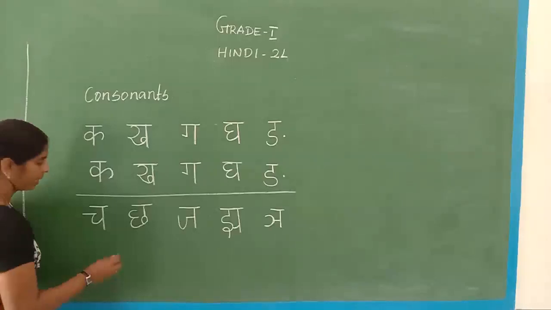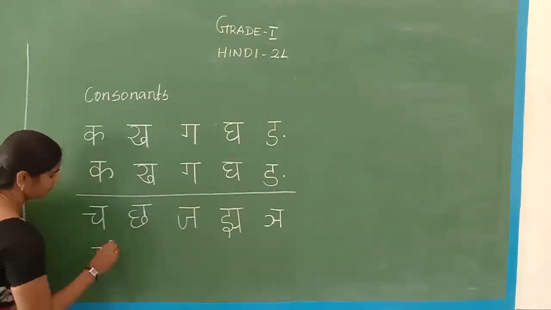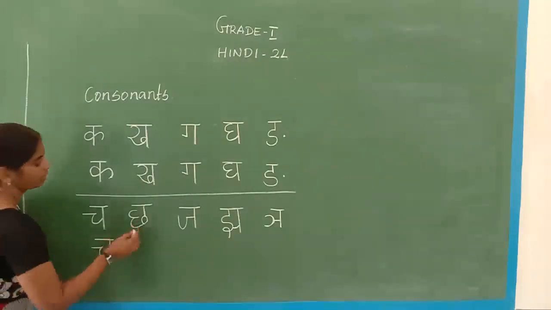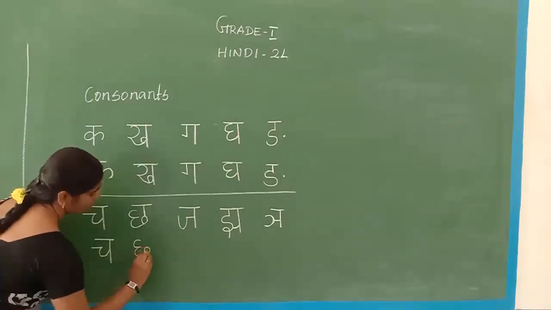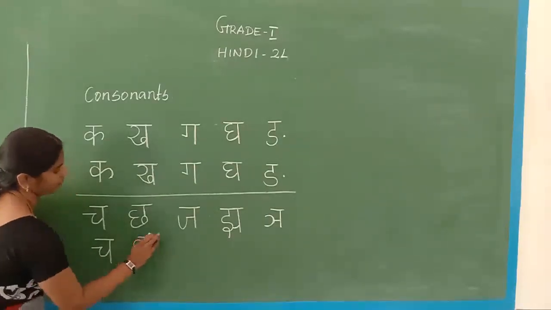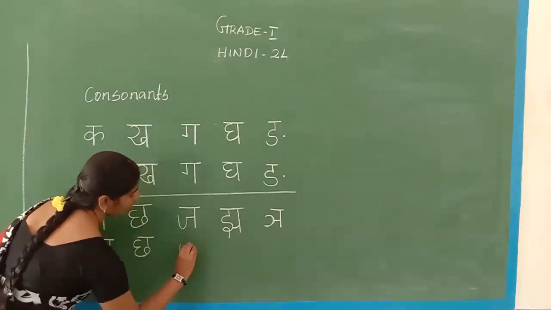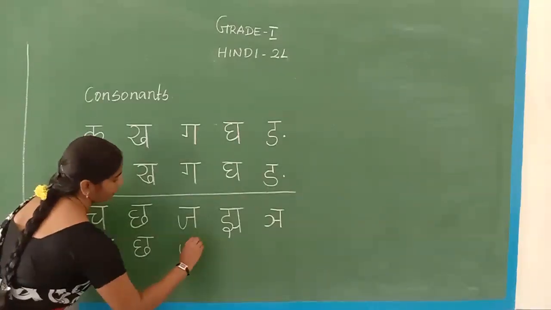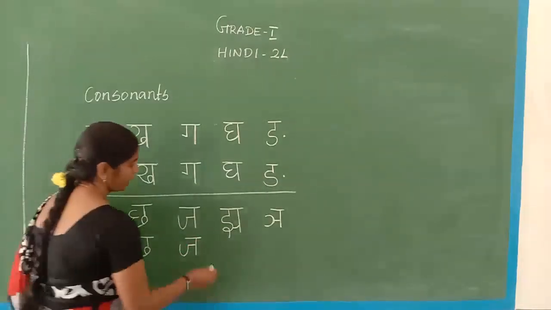Once again, shall we try? How to write? One line, and one curve, one standing line, and top of the line. The next, like this, and one round, one line, and top of the line. Okay? Cha, chha. The next, this, and then one line, one standing line, and top of the line. Ja.